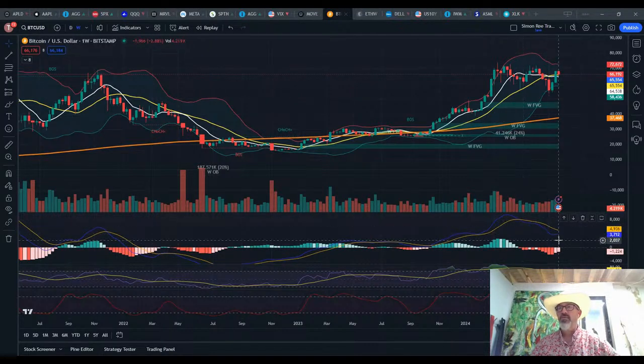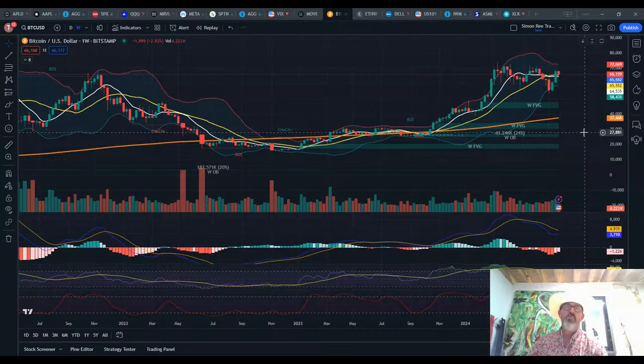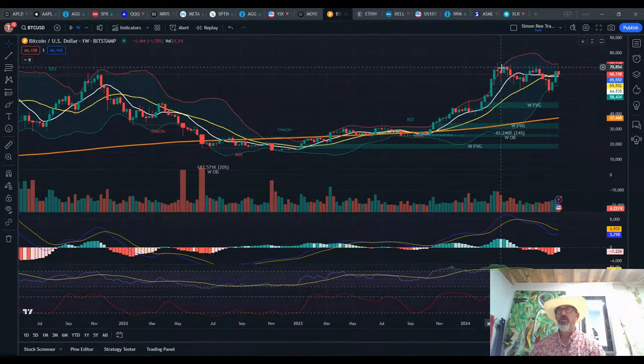MACD still is in a downward slope, so that's cautionary. The RSI is in a downward slope, yet the slow stochastic is pointing up. It's a whole mixed bag from a weekly standpoint, so just keep in mind this looks like resistance in this whole area around 71, going all the way back to March 11th. So this could be a base building period.